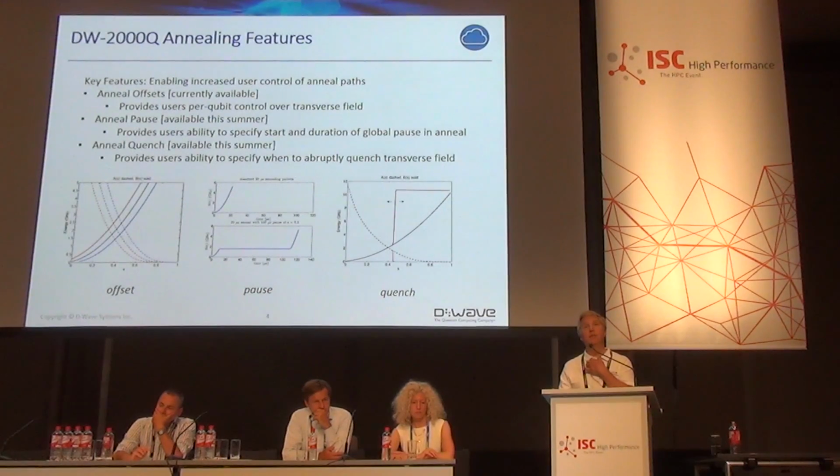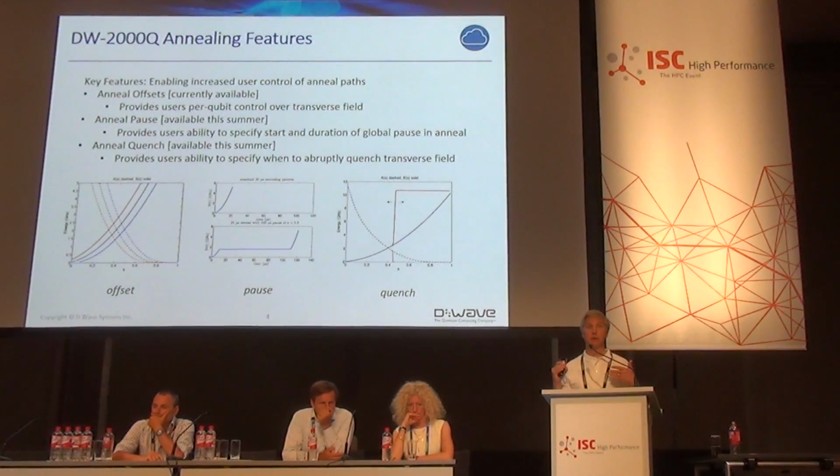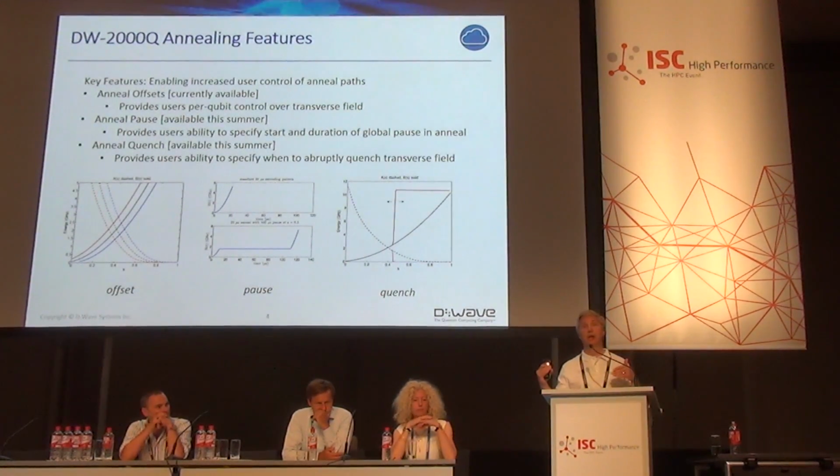And the idea behind these features is that midway through this annealing process, we can actually freeze the annealing parameters, the A and the B curves, and we can allow the system to stay fixed with a particular mixture of the quantum fluctuation terms, the sigma x, and the energy landscape terms, the sigma z terms.